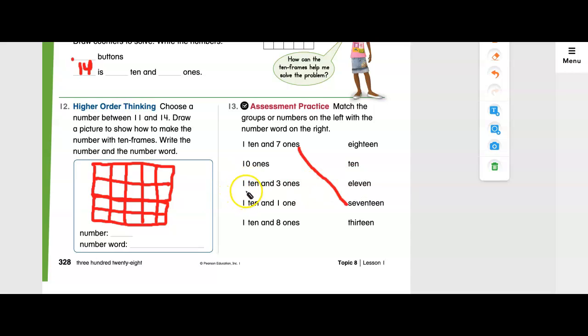Next, it says 1 10 and 3 ones. Which number word represents 1 10 and 3 ones? 18, 10, 11, 13. Draw a line to match the description to the number word.